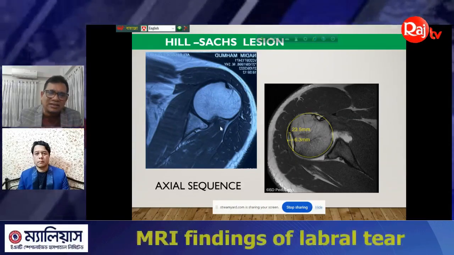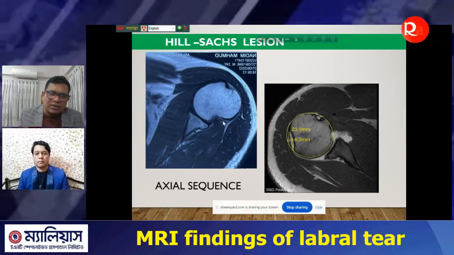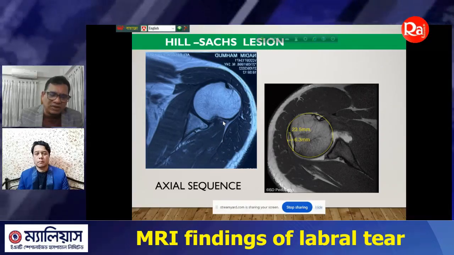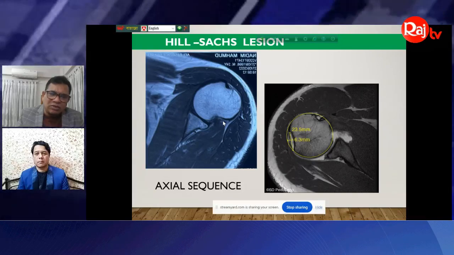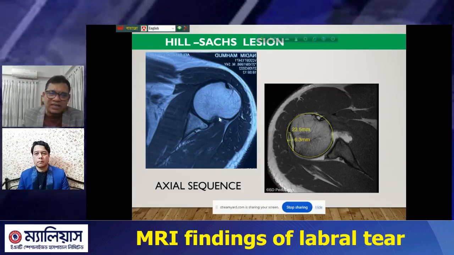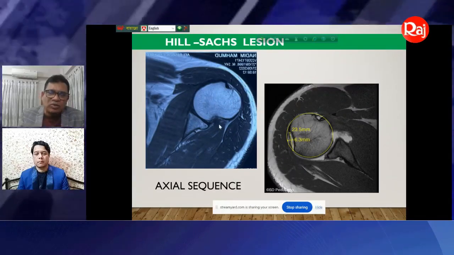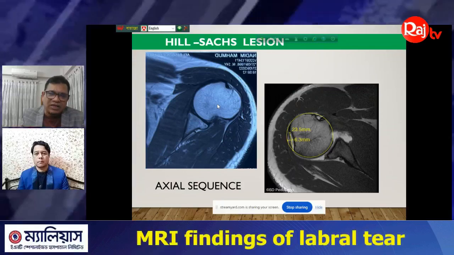When this Hill-Sachs lesion is usually more than 40% of the total surface area, then we go for remplissage, bone grafting or other procedures.